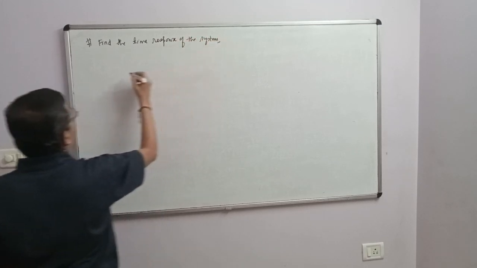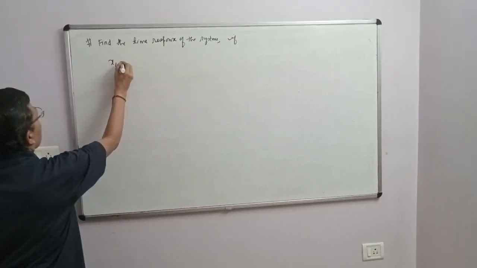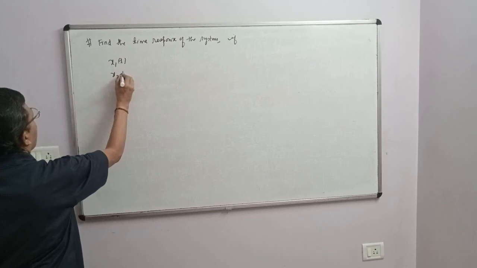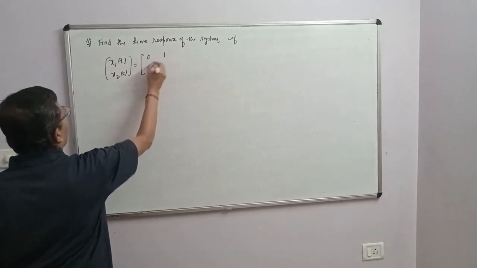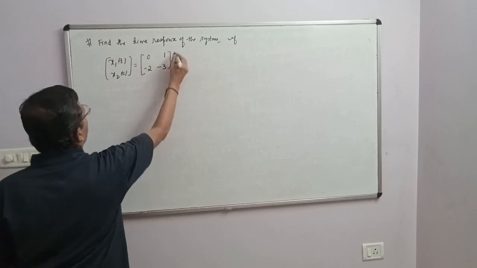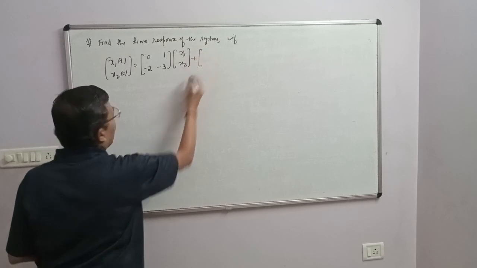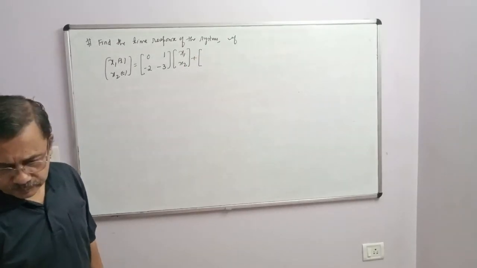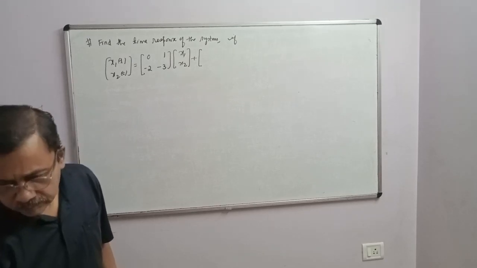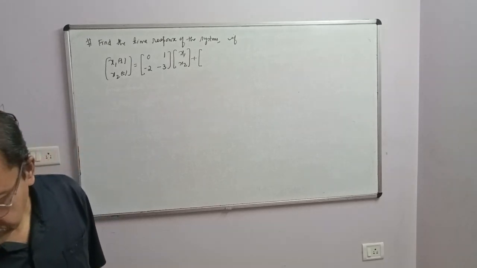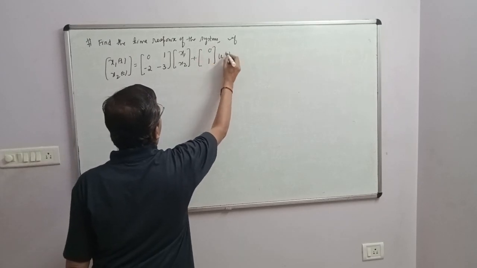Find the time response of the system if x1 dot of t, x2 dot of t is equal to 0, 1, minus 2, minus 3 multiplied by the column matrix x1, x2, plus 0, 1 into u.